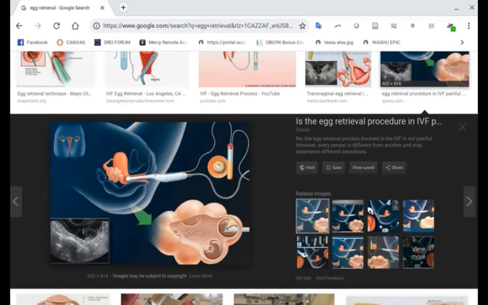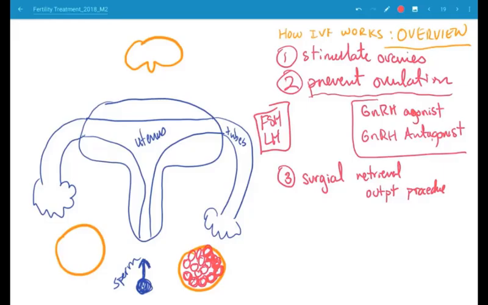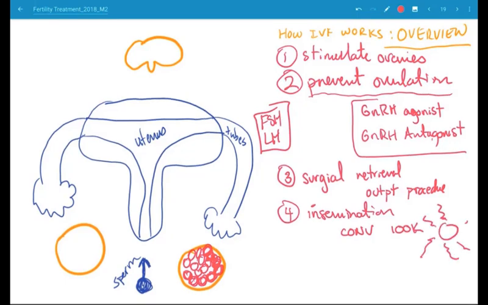That same day that the egg retrieval is performed, the sperm is collected and the eggs are inseminated. So we have insemination, which is the act of putting the sperm around the egg. You can do that conventionally, which is where you just drop 100,000 sperm around an egg and see which one fertilizes.